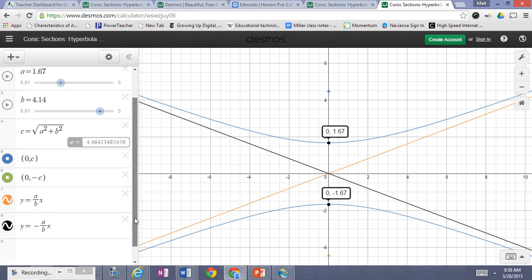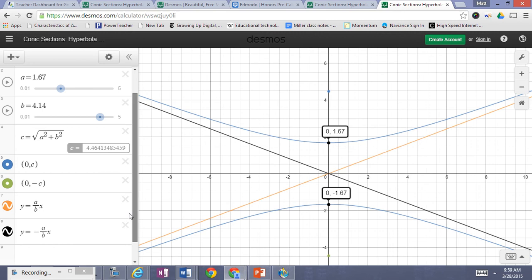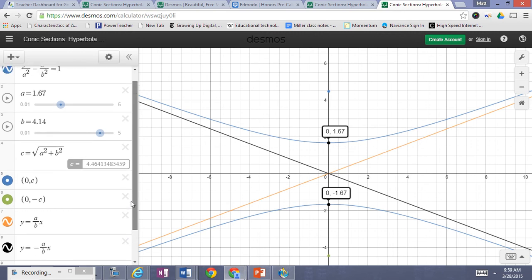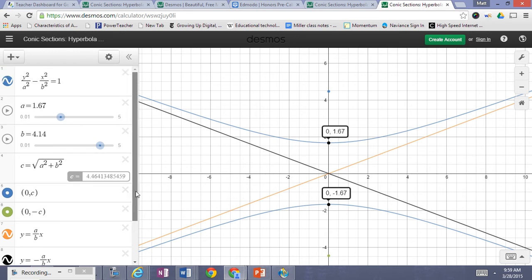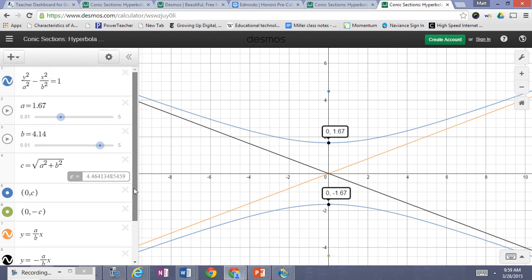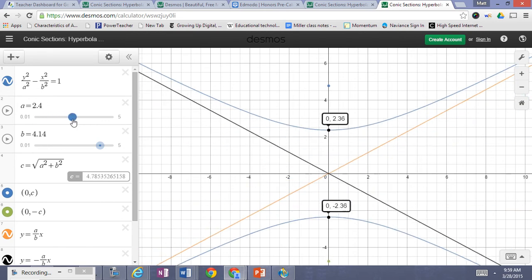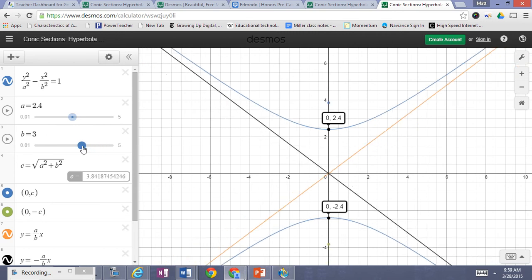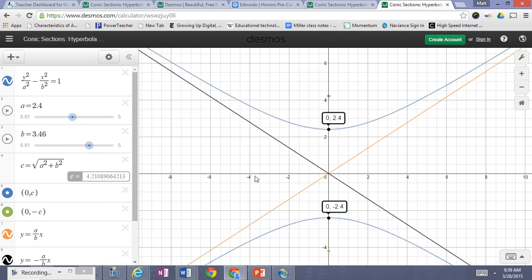We'll show you in a subsequent video, when we build a box around this, why we have it as a over b x for the vertical orientation and b over a x for the horizontal orientation. You should ask that question right now. You'll have this available in the link, so you can see for yourself the alterations in A and B and the impact they have on the positioning of those components of the graph, mainly the focus and the asymptotes.